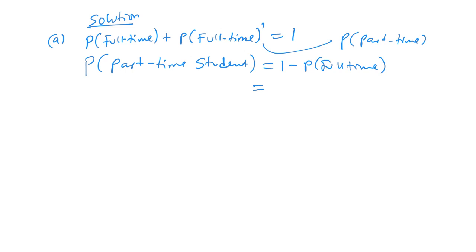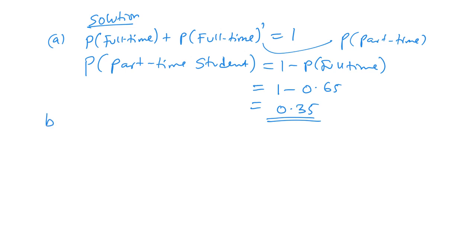So what is it? 1 minus 0.65. You're going to get 0.35 as the answer to the first part of the question, and it is solved. So the probability that somebody is part-time is 0.35.